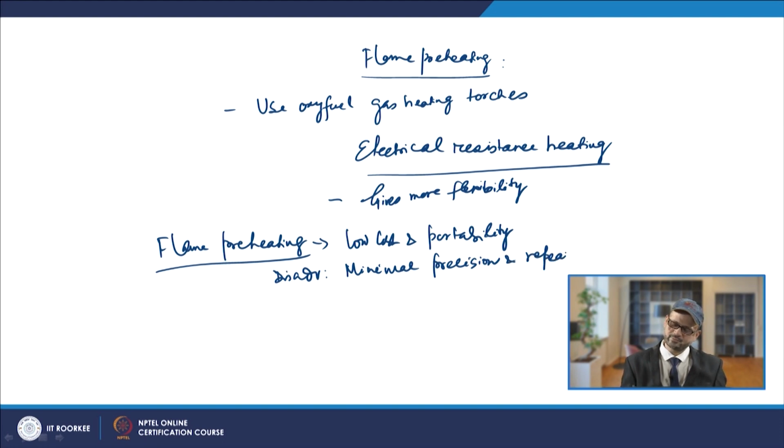You cannot have better repeatability in such a case, because you do not have much control when we talk about flames. So, repeatability will be the issue. Similarly, the temperature distribution in flame preheating will not be uniform. So, you will have a non-uniform temperature distribution.